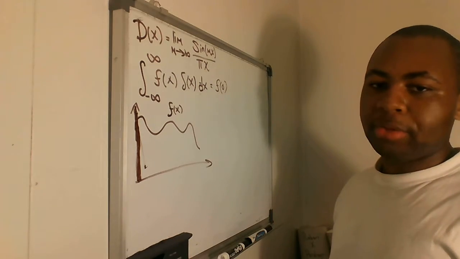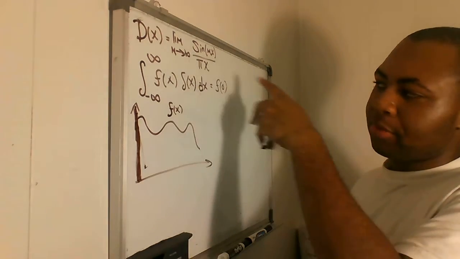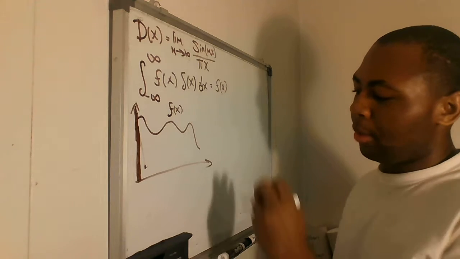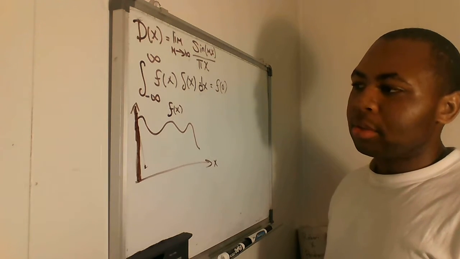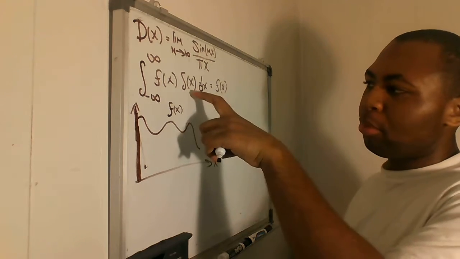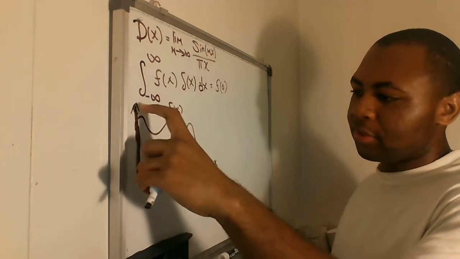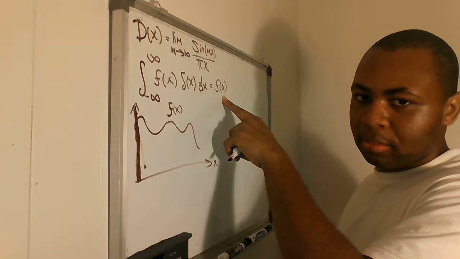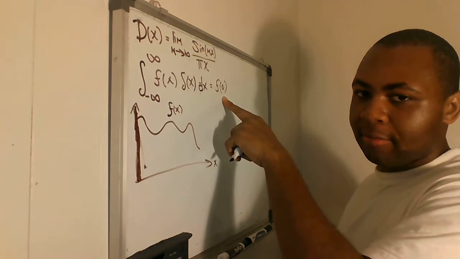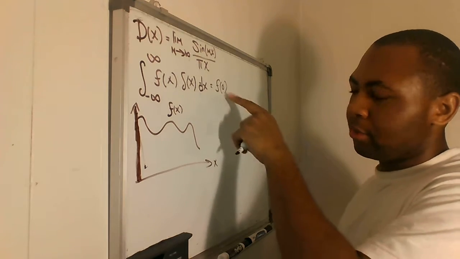And so when you integrate through all of space, in this case throughout the entire x direction, the Dirac delta takes that point where it's 0, in this case x equals 0, and it makes that function the intensity of that function where the Dirac delta is equal to 0.